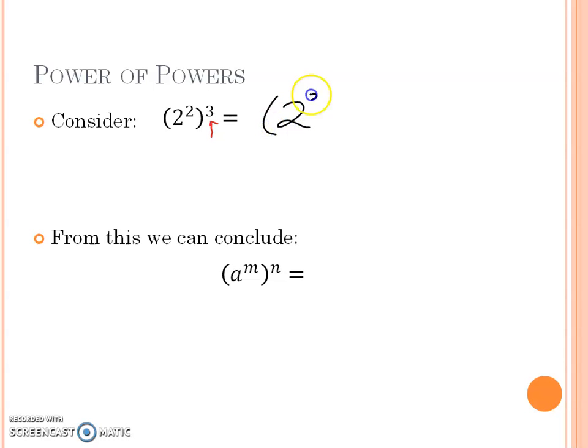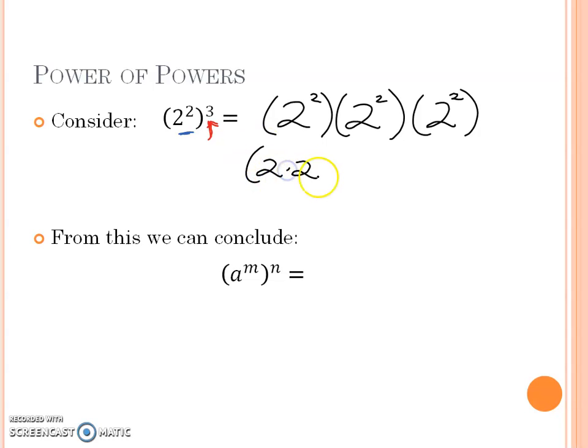So I'm going to have 2 squared times 2 squared times 2 squared. All 3 of those are being multiplied together because this whole thing was cubed. Now, individually, what is 2 squared? Well, 2 squared is 2 times 2. So each of these individually is really just 2 times 2 times 2 times 2 times 2 times 2.